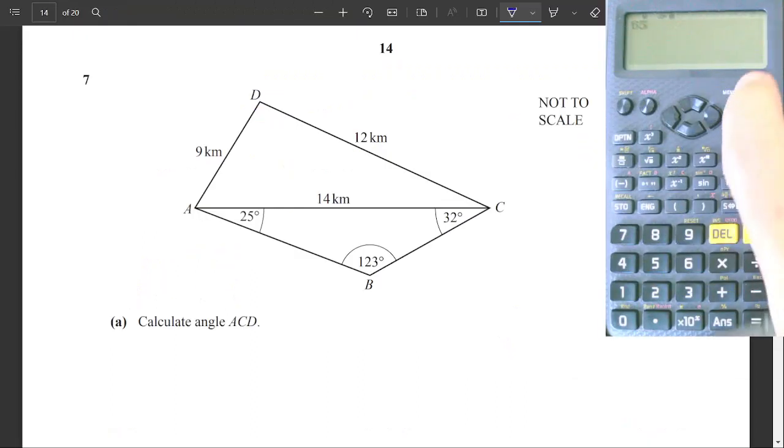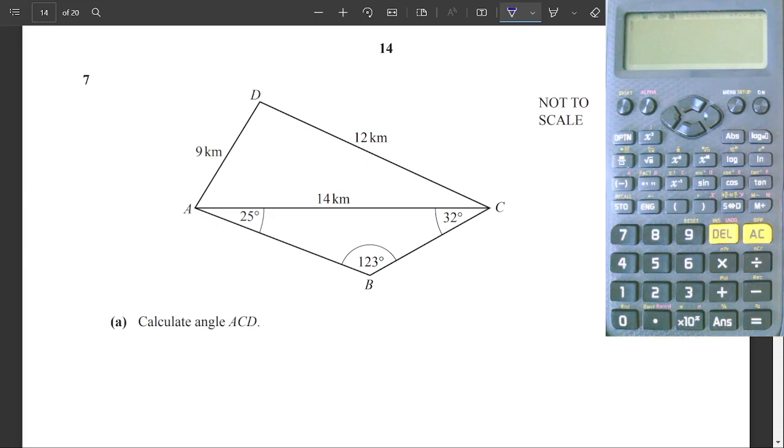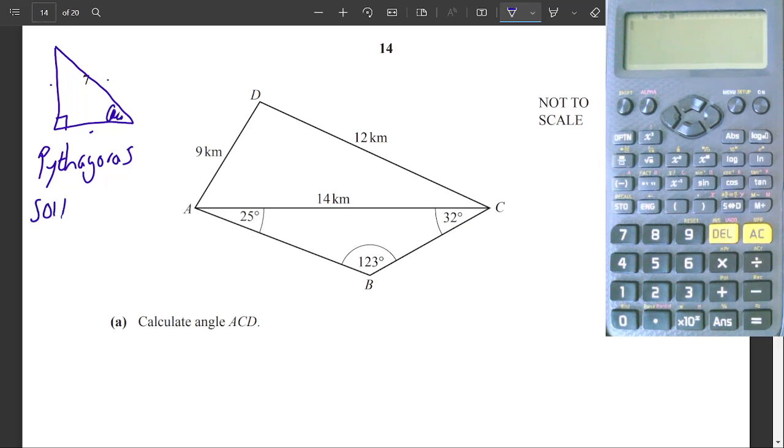Question 7. We've got triangles, trigonometry. Whenever we work with right angle triangles, we can use Pythagoras. If we're working with angles and sides, we use SOHCAHTOA.